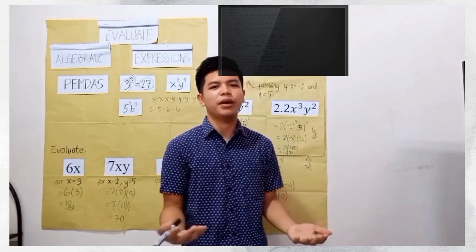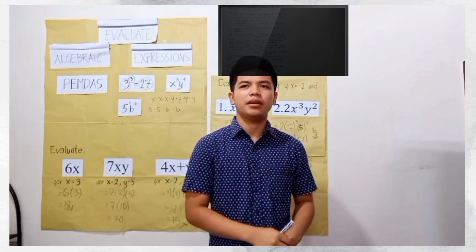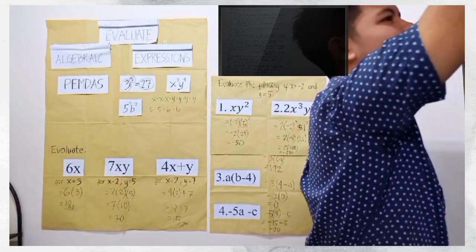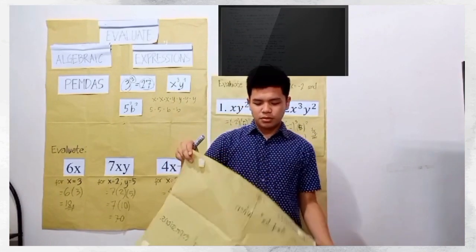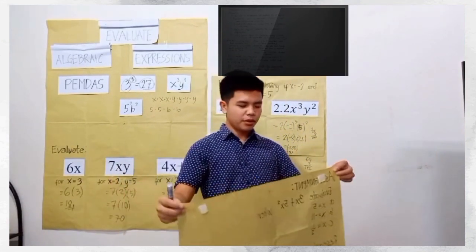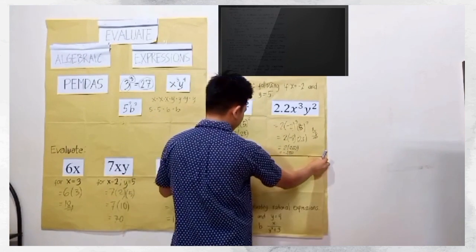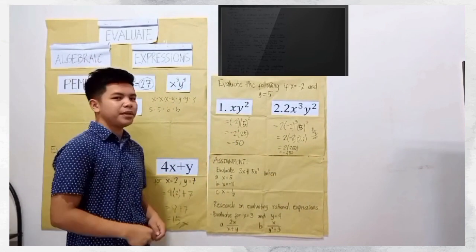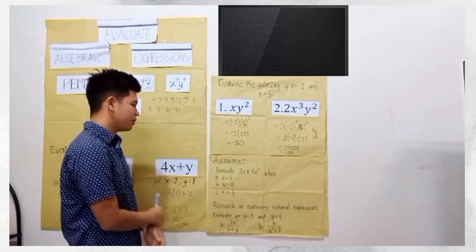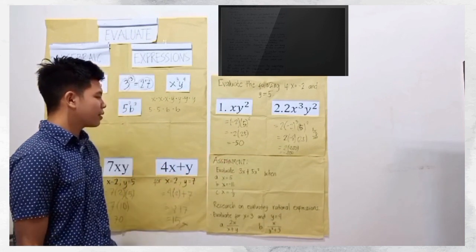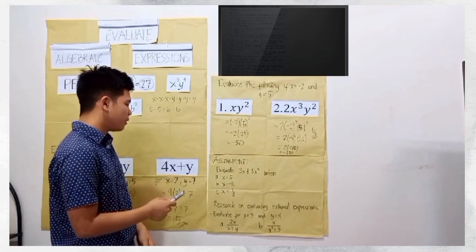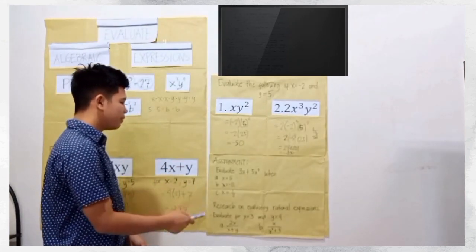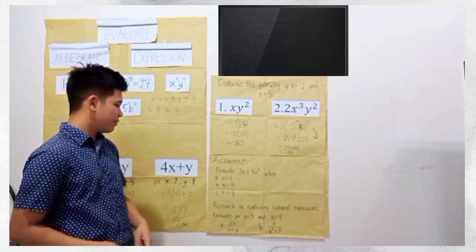Okay, since you understand well our lesson for today, evaluating algebraic expressions, I have some tasks for you to answer at home. You have an assignment. You may copy your assignment. This will be passed tomorrow. Assignment: evaluate 3x plus 5x squared when a, x equals 5, b, x equals negative 11, and c, x equals 1/2.